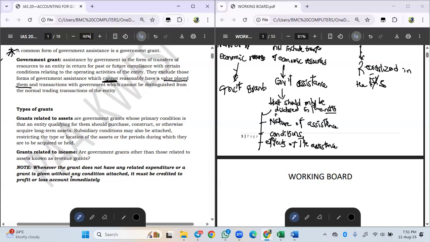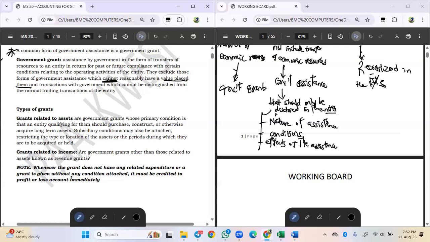Mostly the government grants that have values on them have conditions attached. Mostly we are saying that you should not make redundancies. If it's an asset, you should not dispose of the assets. Sometimes if it is a revenue expenditure, what are you going to use it for? Maybe to plant trees, to subsidize the salary of staff and all that. So these are the conditions attached, or the related expenditure.